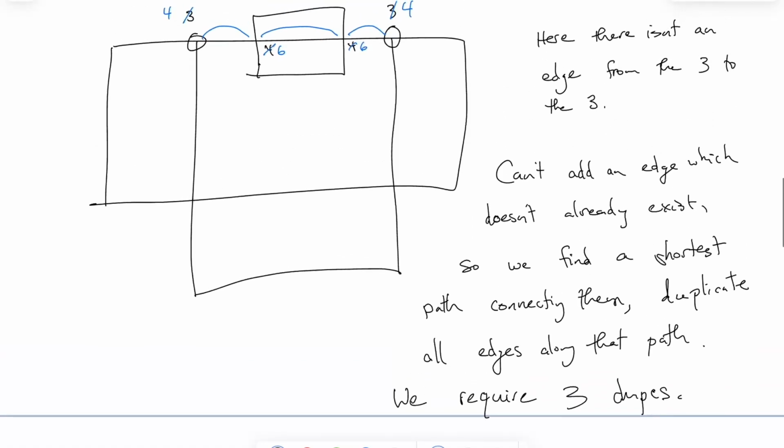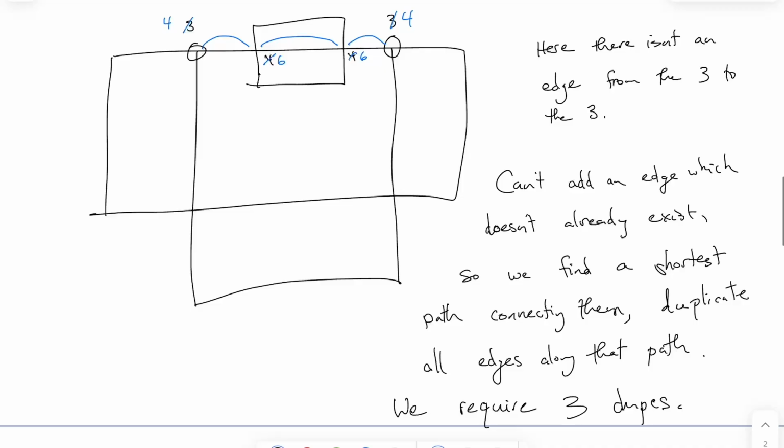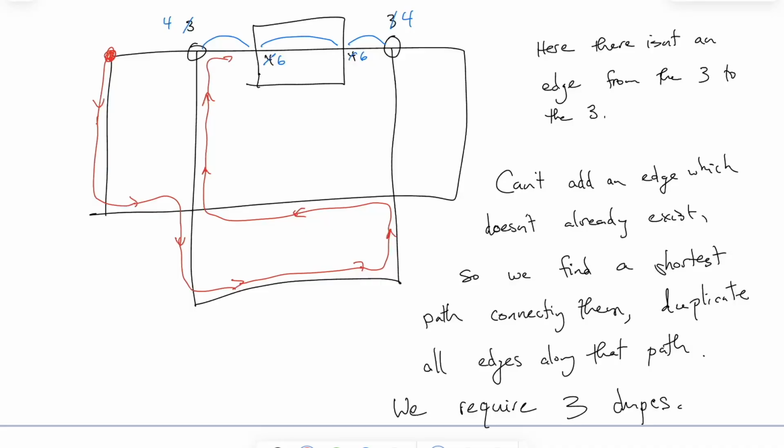All right. And maybe I'll draw in my circuit here real quick. I'll start in the upper left. Again, it doesn't matter where you start if you're drawing a Euler or minimum duplication circuit. Something like this. And I'll go around the chin, I guess.